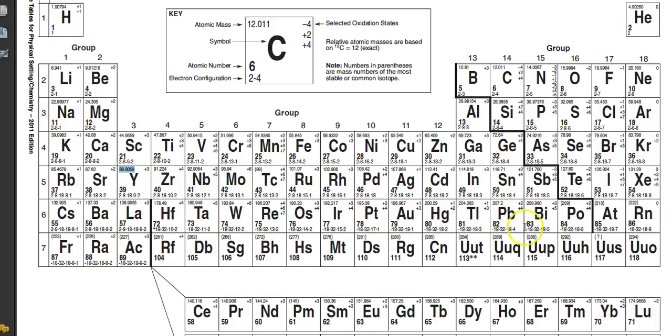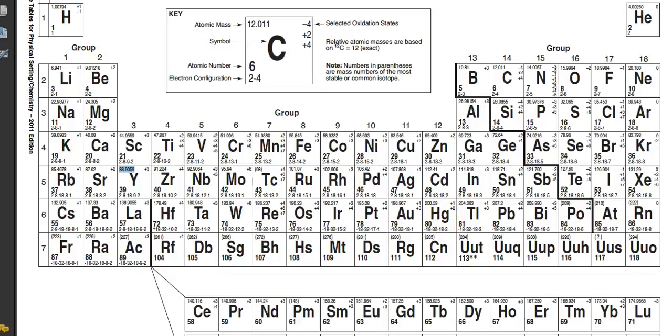So we have xenon, 6s2, 5d1, 4. This kicks in the 4f, 4f14, back to 6. I'm sorry, I'm at 5d10. Okay, so essentially we have that there.